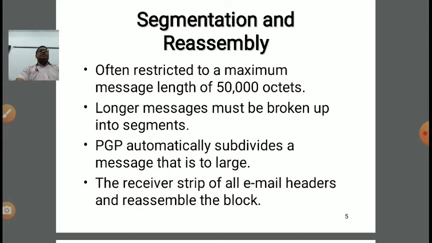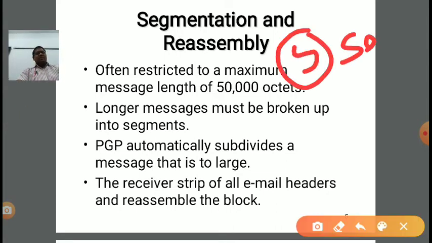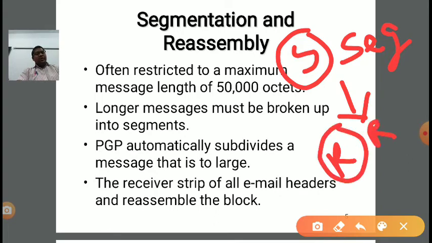Whatever we have done at the sender end, that is segmentation, the reverse approach needs to be done at the receiver end, that is reassembly. So segmentation is at the sender end, and at the receiver end we are doing reassembly.